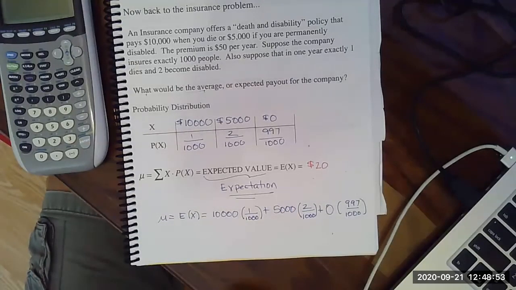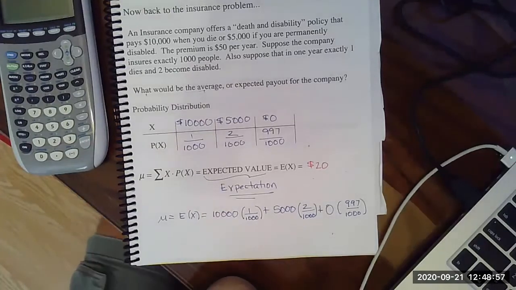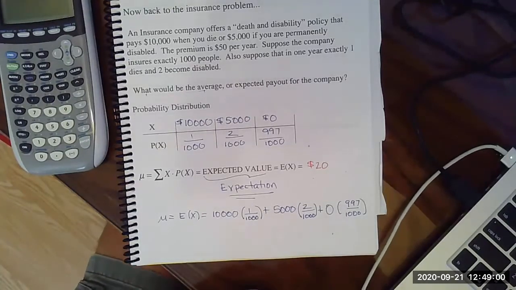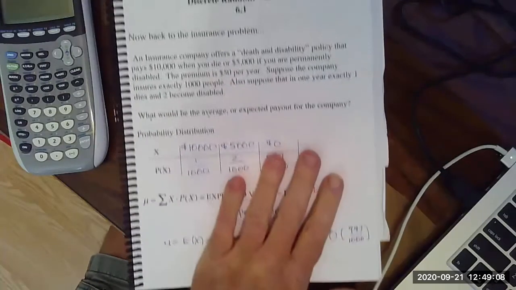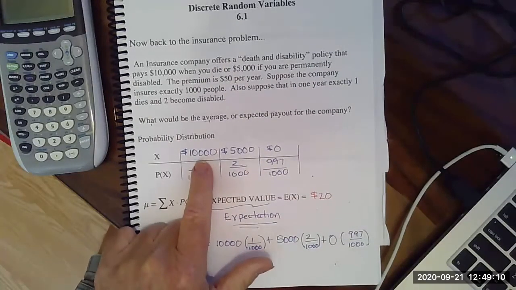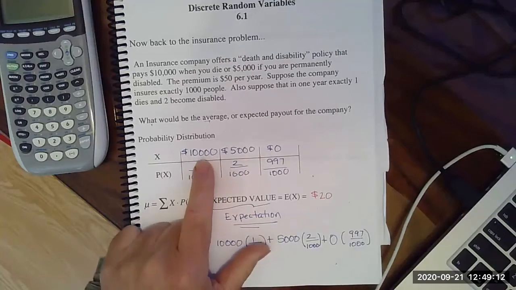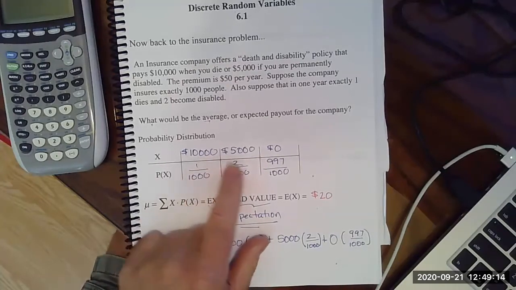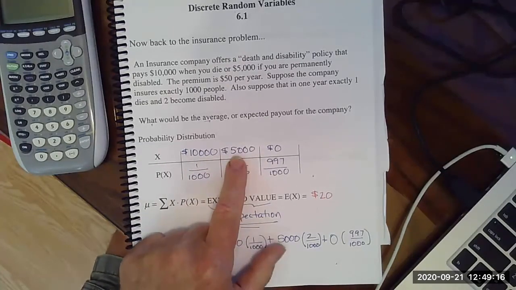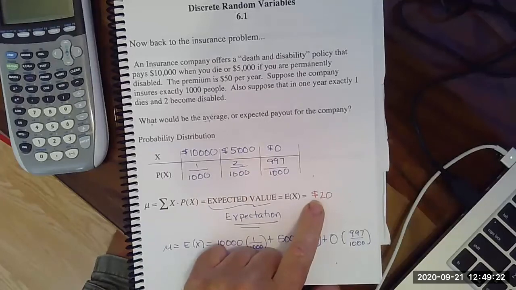Now, here's a clarification. It's $20 per policy. That's not 20 bucks altogether. Because look at what they paid out. They paid out one $10,000 policy and they paid out $20,000 for the year, not 20 bucks.